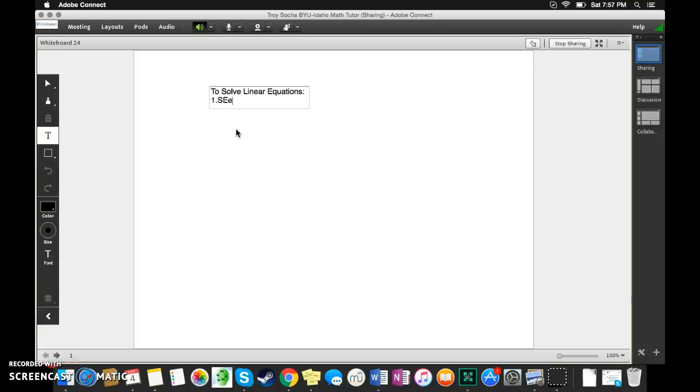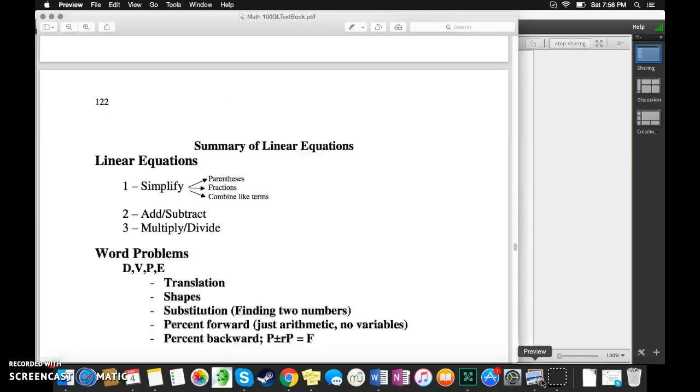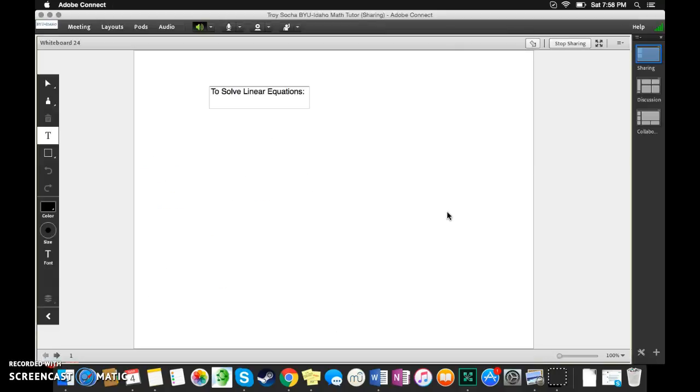Simplify. Oh, no, sorry, not set equal to 0. That's something else. Ignore that. This is to simplify. That's what I meant to say. Simplify means use your parentheses, do exponents, everything it says right here.